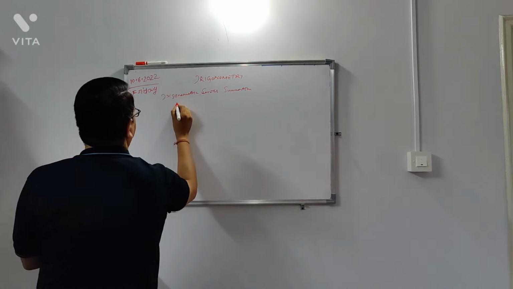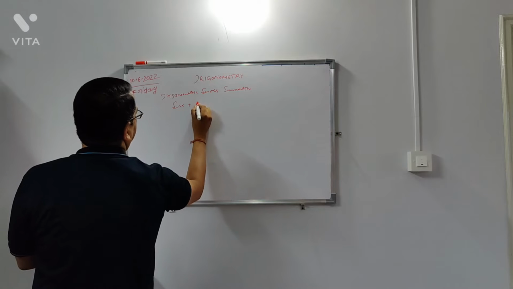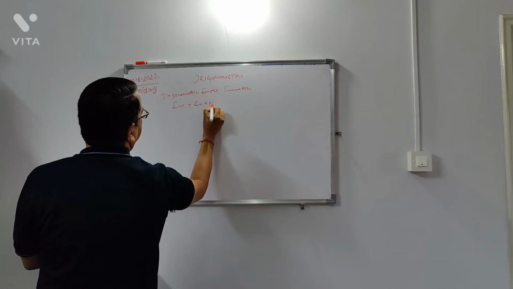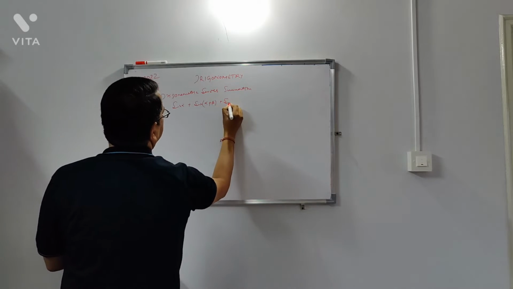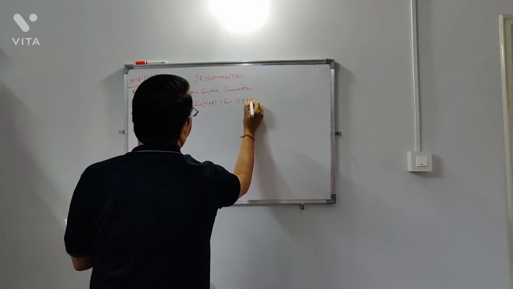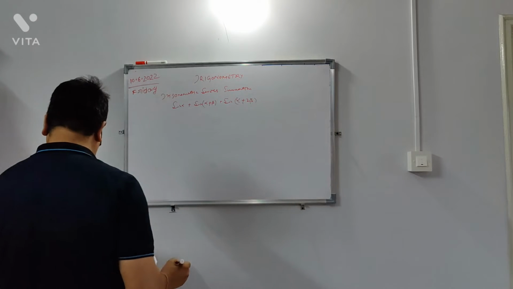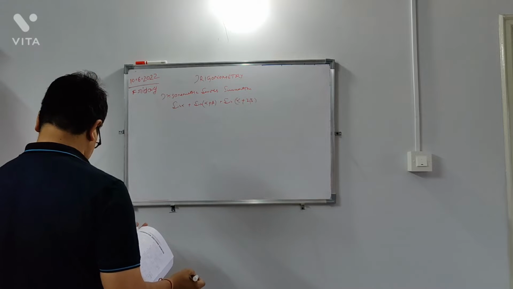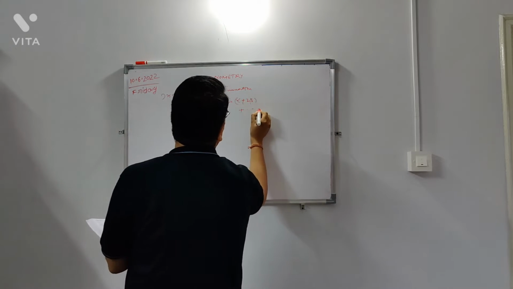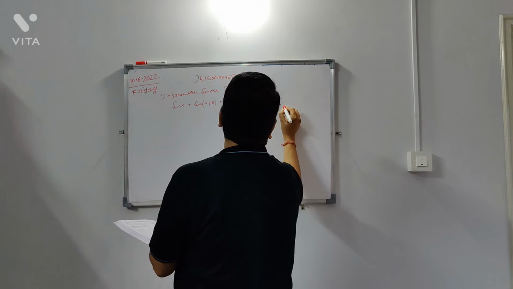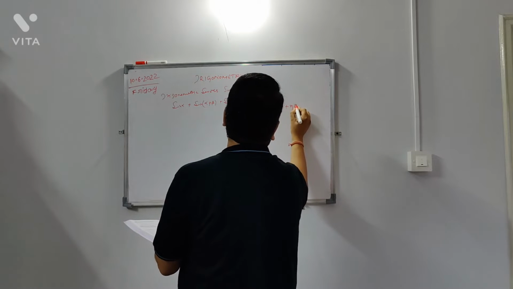So sin alpha plus sin alpha plus beta plus sin alpha plus 2 beta, it goes on till sin alpha plus n beta, right?